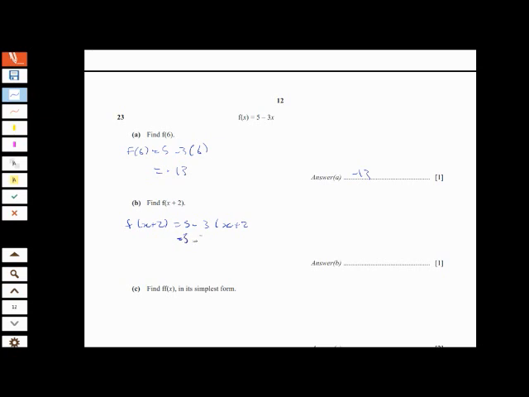Expand: -3x minus 6. So you'll end up with -3x minus 1.